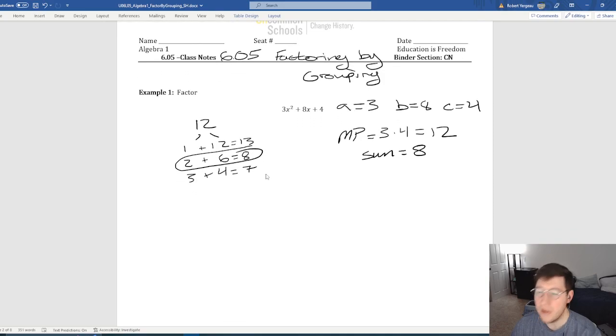But now, here's where we differ. I know my factors. And so what I'm going to end up doing, because my a value is not 1, is split this term through a process that we call decomposition.